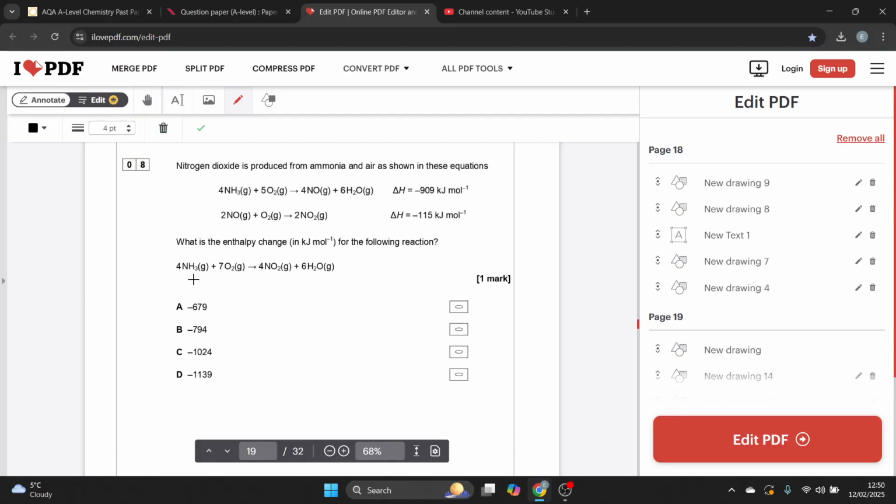Question 8. What is the enthalpy change in kilojoules per mole for the following reaction? I'm given this equation, and I'm also given equation 1 and equation 2. How do I get this equation from equation 1 and equation 2? 4NH3 plus 7O2 gives 4NO2 plus 6H2O.